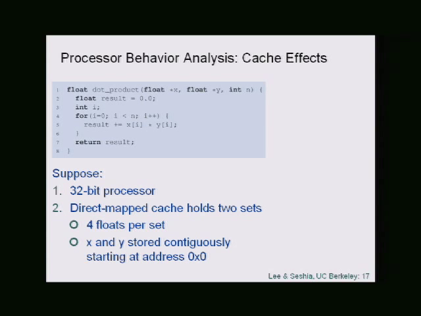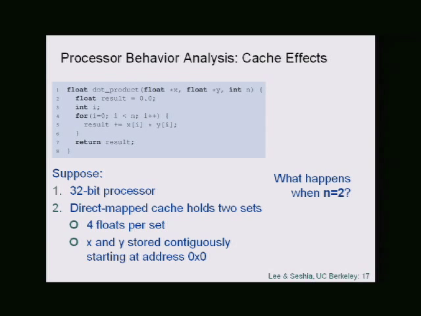So when n is equal to 2, you have x0, x1, y0, y1. And remember, you can have 4 floats here and 4 here. Right?